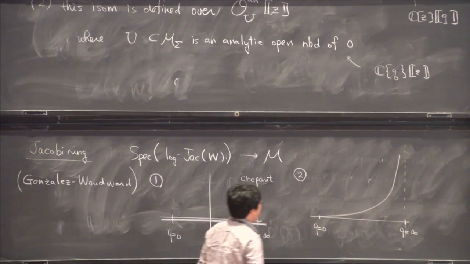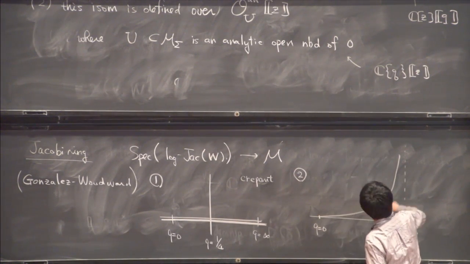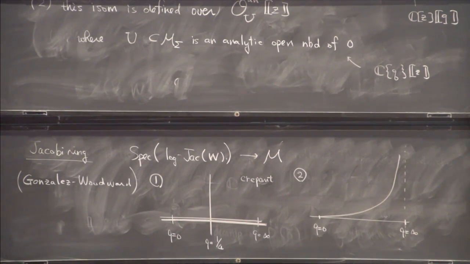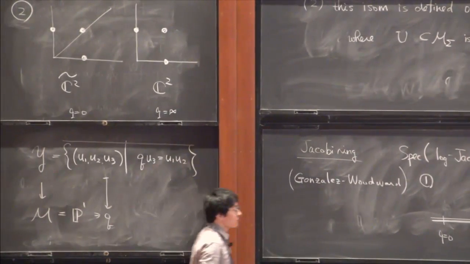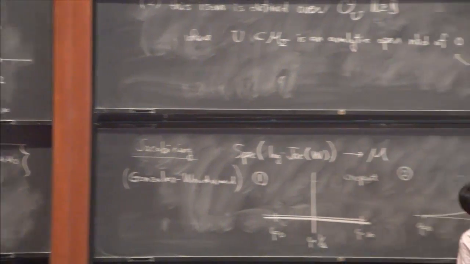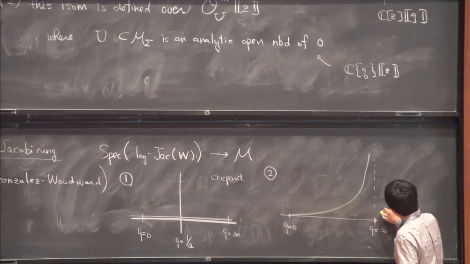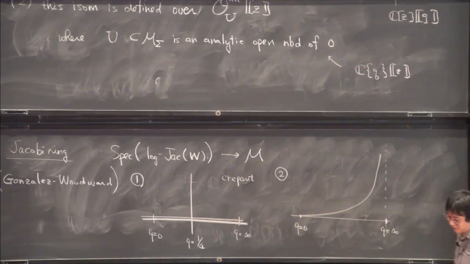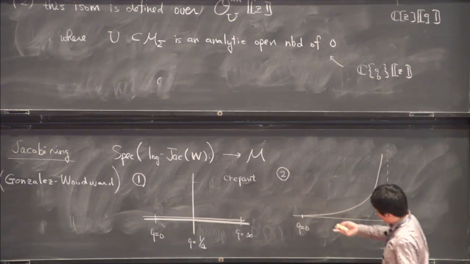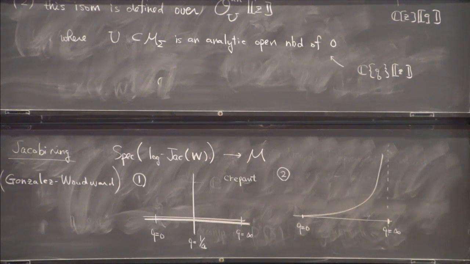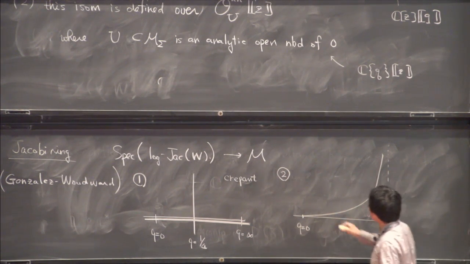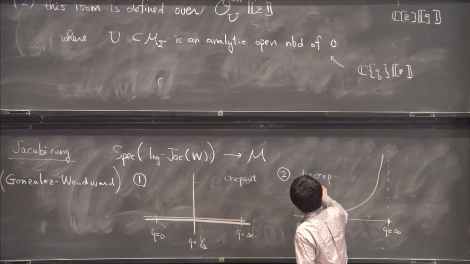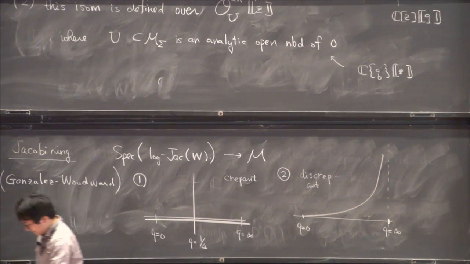At Q equals infinity, one of the critical branches blows up, and you can only see one critical point. That corresponds to the fact that the dimension of the cohomology of C2 is 1, whereas the dimension of the cohomology of the blow-up of C2 is 2. This is what happens in the discrepant case.